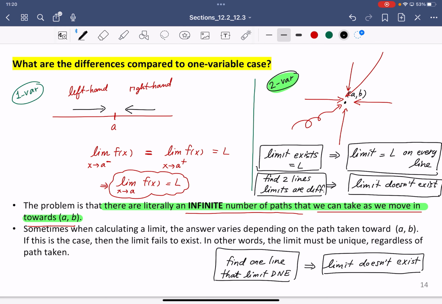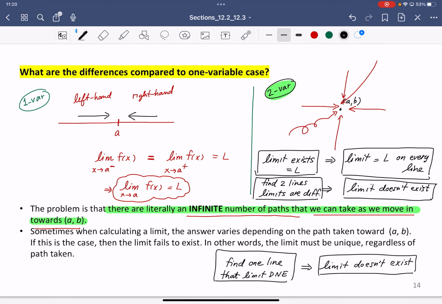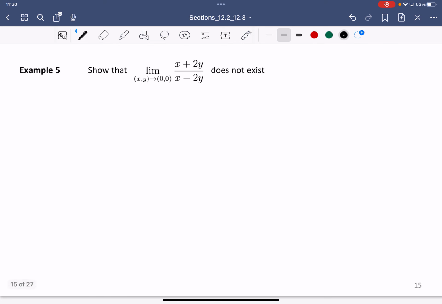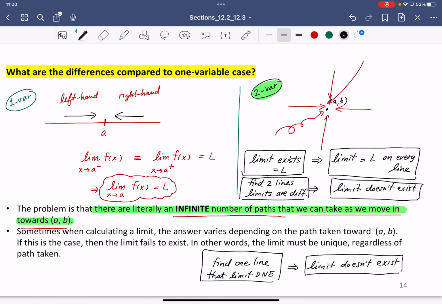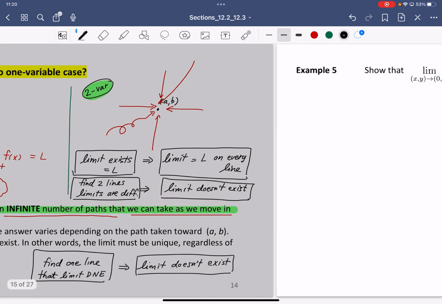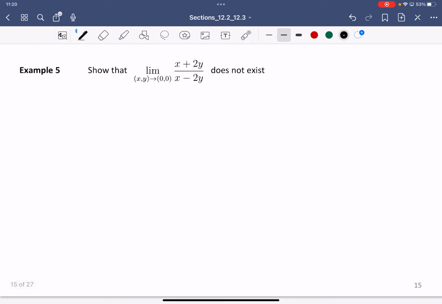Okay, so let's see the example here. Example 5. We're going to show that the limit of x plus 2y over x minus 2y does not exist. So we start by trying to compute the function here.